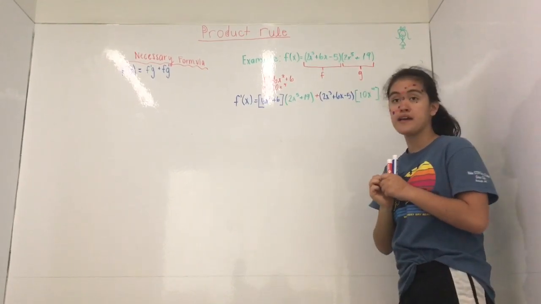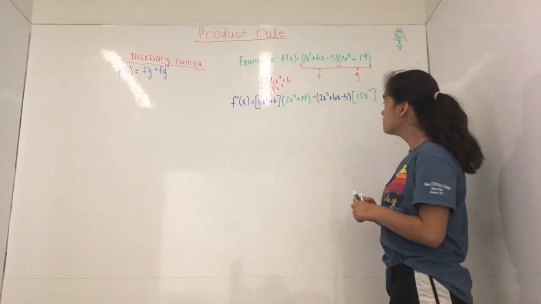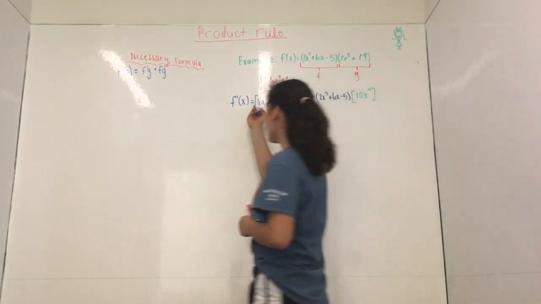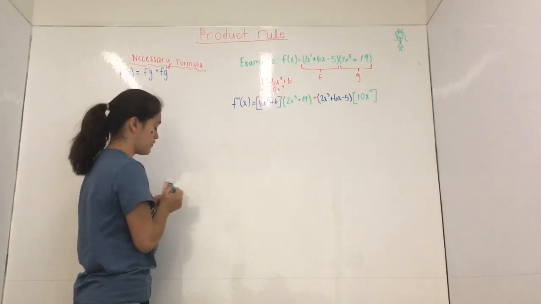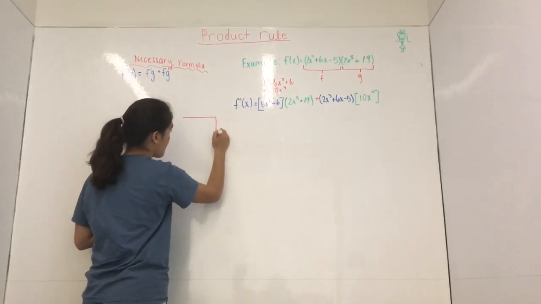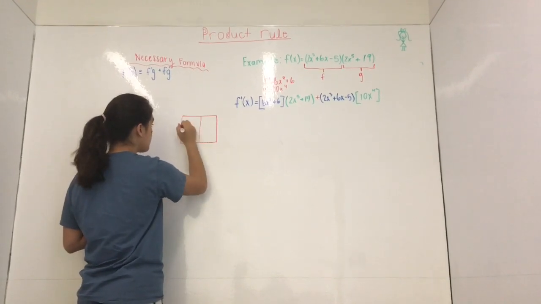Now we are going to multiply the two sides of the addition sign. To start with this one, I like to do the box method. It is my favorite method. So we are just going to box it out.